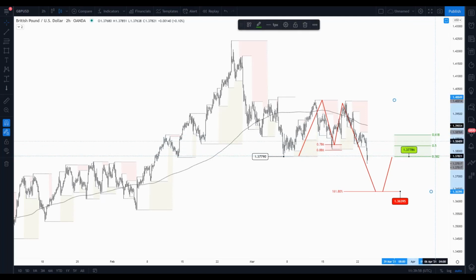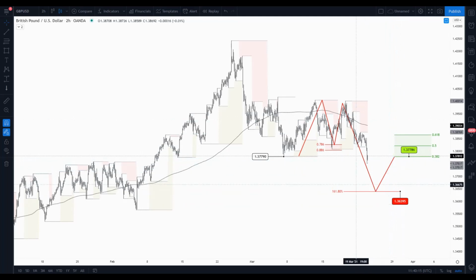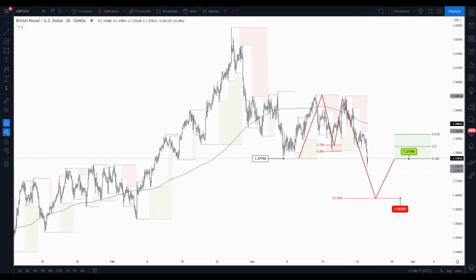So basically, this is a retracement for the pattern itself. We will search for the 38% Fibonacci at 137.78 as a default target if the price forms the crab pattern.